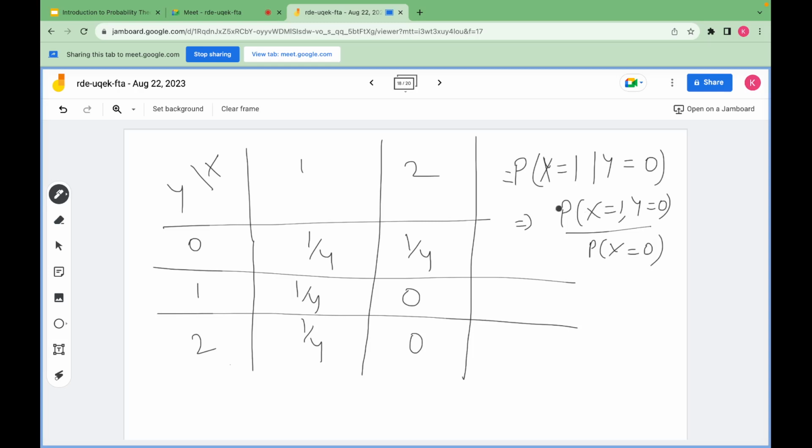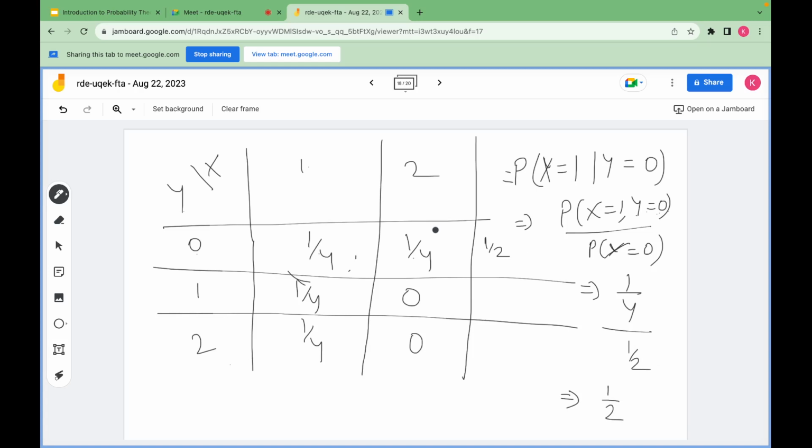The probability that x is equal to 1 and y is equal to 0 is 1 by 4, divided by the probability that y is equal to 0. So y equal to 0 is 1 by 4 plus 1 by 4, which is 1 by 2. So this is 1 by 4 divided by 1 by 2, which becomes 1 by 2.